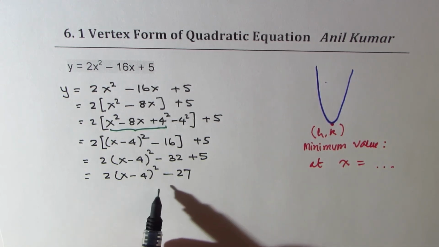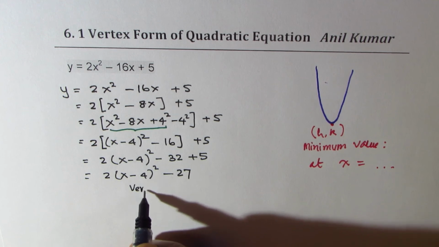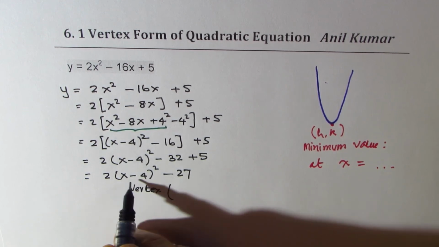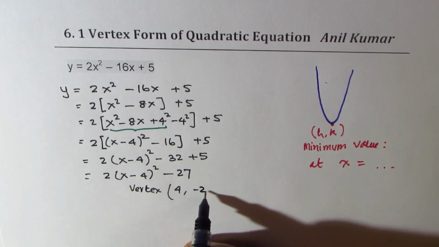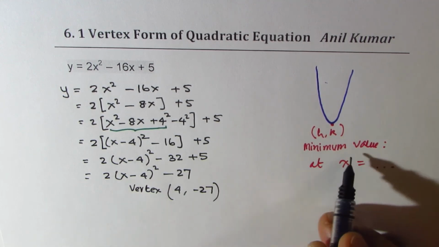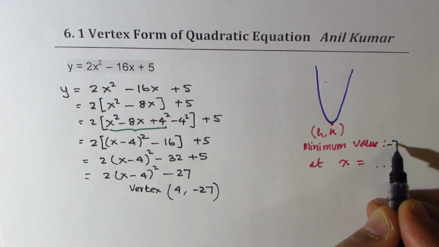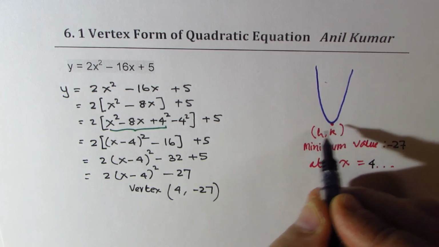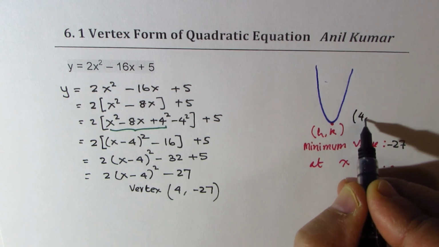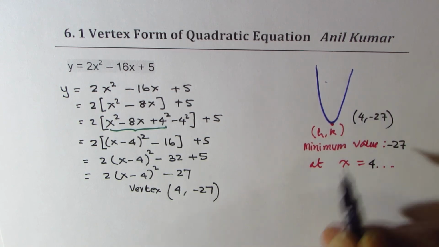So we have a parabola whose vertex is at, what makes this 0? 4, and the number minus 27. So we have a minimum value of minus 27 at x equals 4. Do you see that? So h and k in this particular case is 4, minus 27.